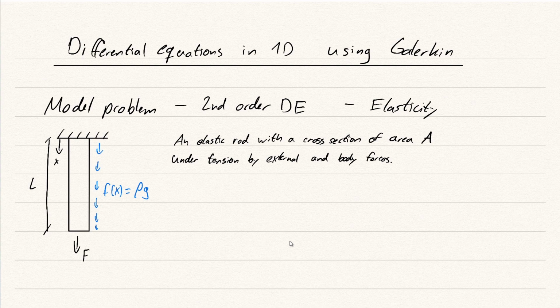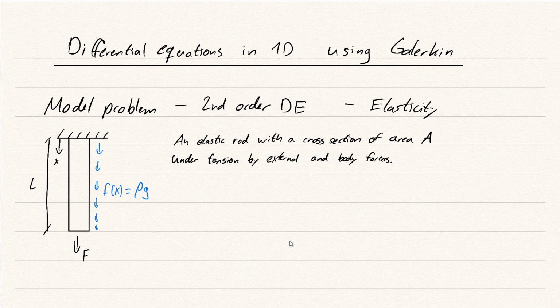But next to this, we also have an external load which is placed at the end of this rod, and the coordinate system x is defined to start here, and the length is L. The cross-sectional area of this rod is also known, and it's A.